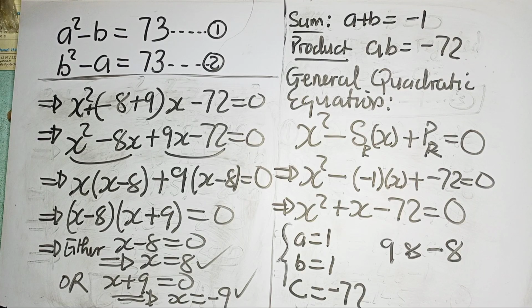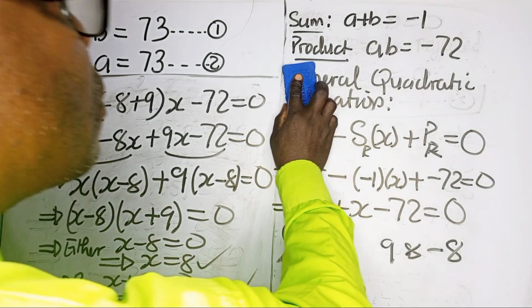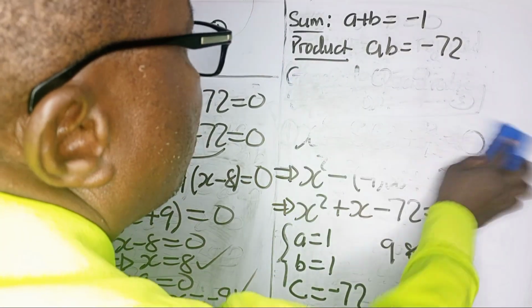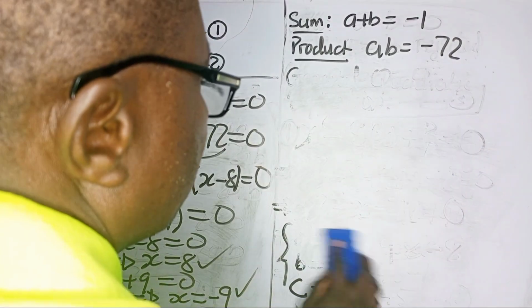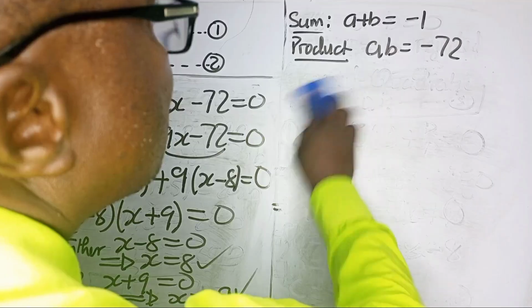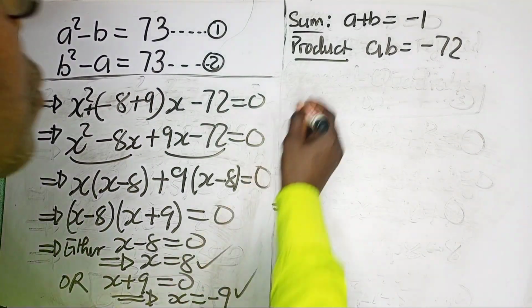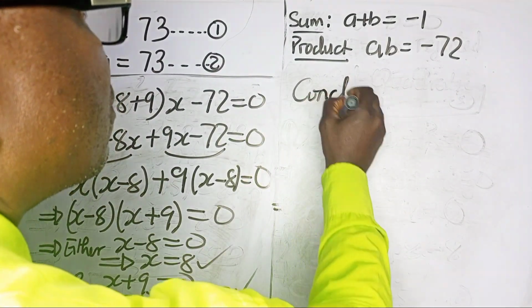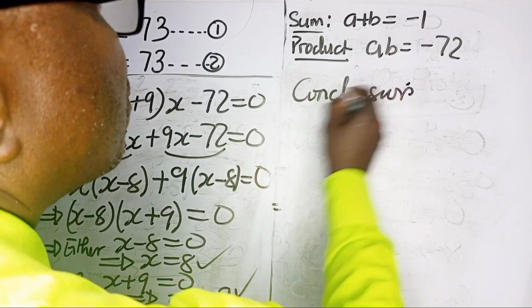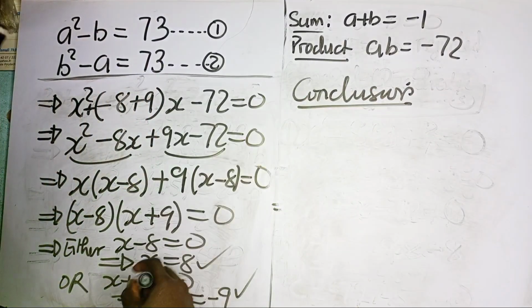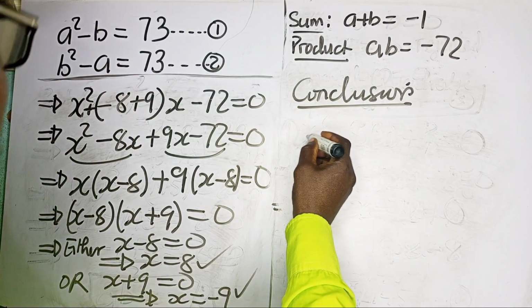So we now do our conclusion. We've gotten the two roots of the quadratic equation.